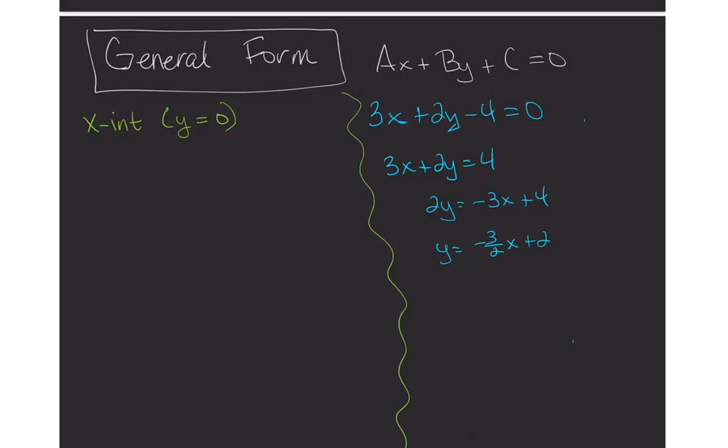So I'd have 3x plus 2 times 0 minus 4 equals 0. So what am I going to get? 3x minus 4 equals 0. Add the 4 over. Divide both sides by 3. And x equals 4/3. So I know that on my x-axis, I'm going to cross at 4/3.